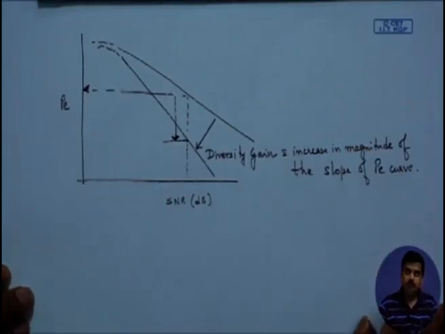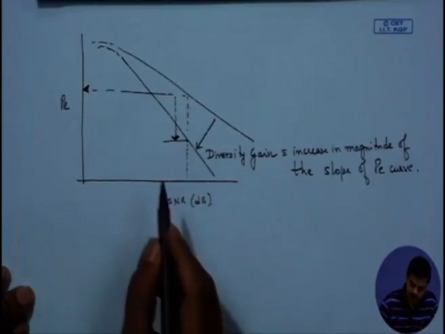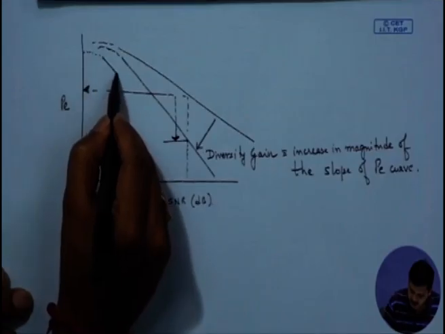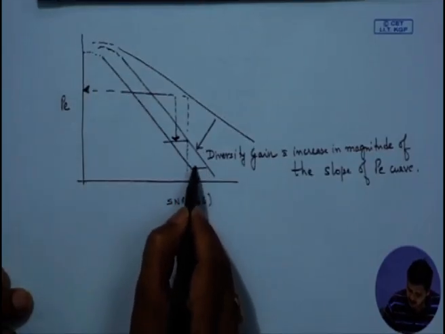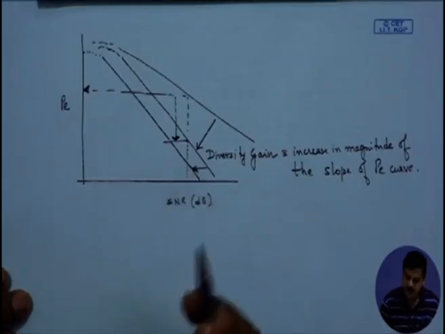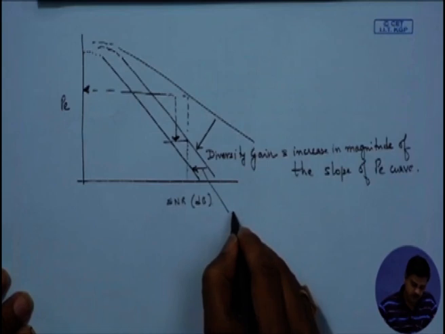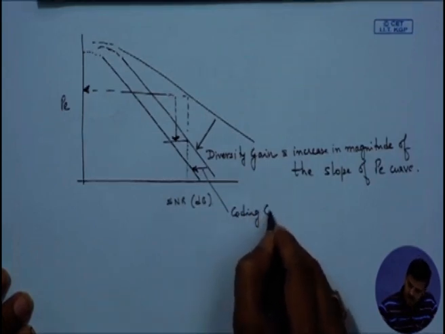At this particular point, it is also important that we describe another kind of gain which is known as the coding gain. In coding gain, what we would experience is that the error probability curve shifts laterally to the left direction. There is a lateral shift in the error probability curve, and this is usually noted as the coding gain.